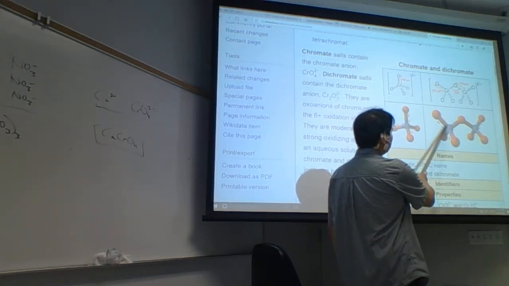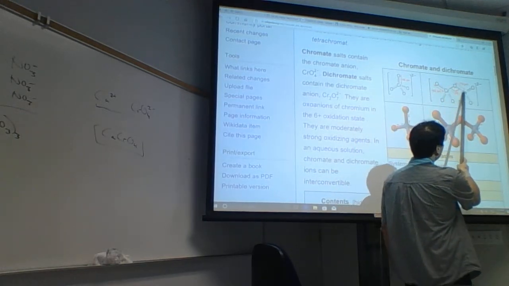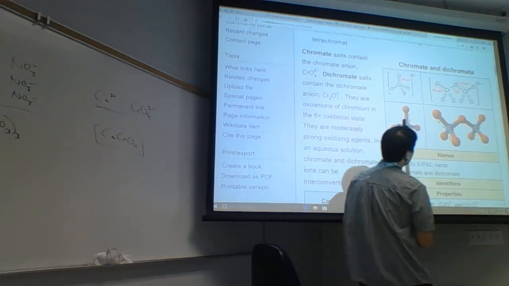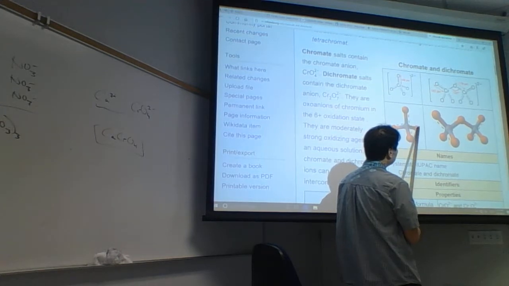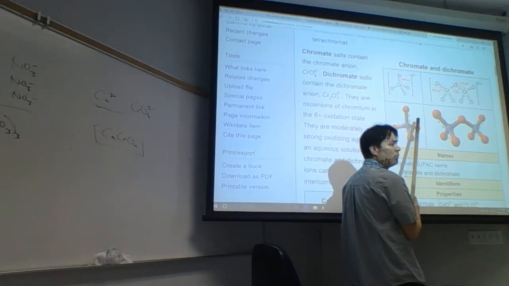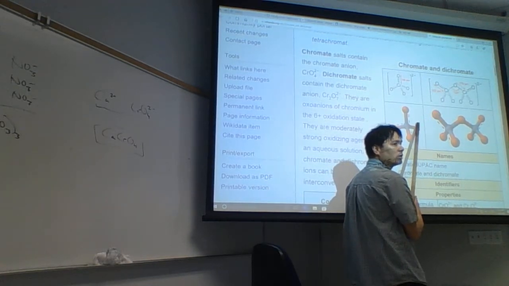This is dichromate. Dichromate links via one bridging oxygen like this: chromium, oxygen, chromium. It doesn't like to link with two oxygens. For example, if we had chromium, oxygen, oxygen, chromium, then it would be Cr2O8, which would be just two chromates. But one of the oxygens leaves.